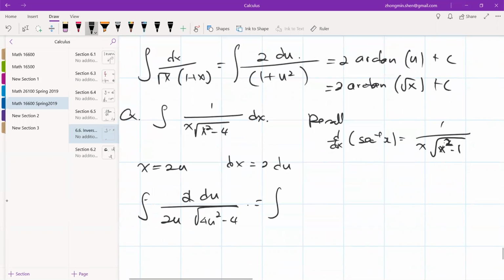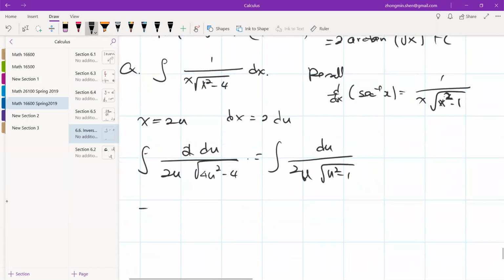So that is already cancelled out. It's going to be 1 over u times square root of u squared minus 1 du. Then you can apply the above formula. It's going to be half of arcsecant u plus constant. And the u is going to be half of x.